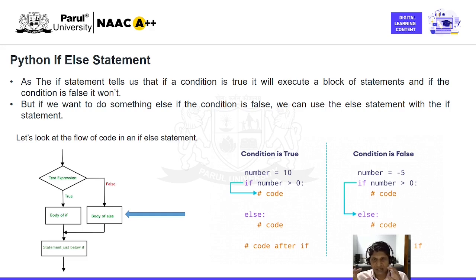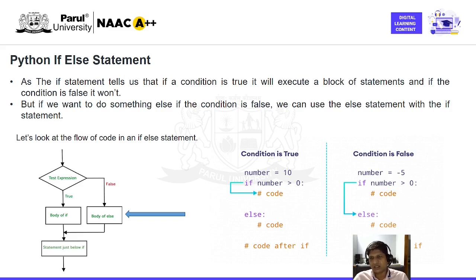Whenever the given condition is true, the if block will be executed, and when the given condition generates false output, the else block will be executed. It means in the if else statement, there is proper treatment of both outputs.